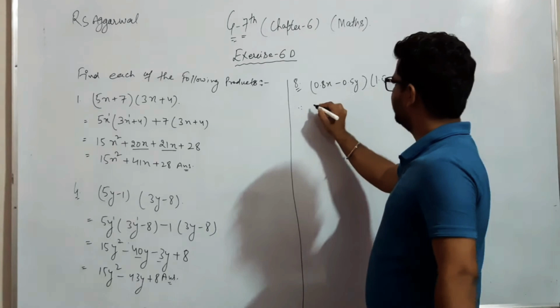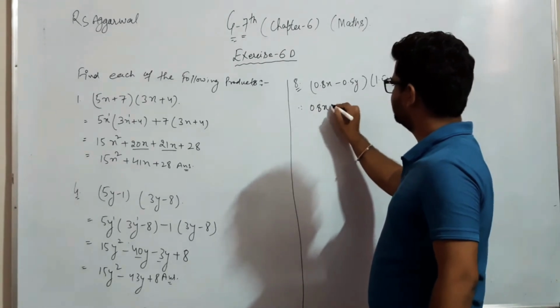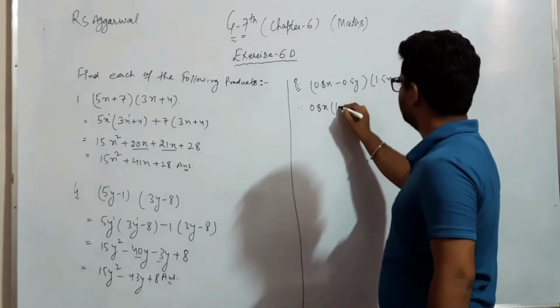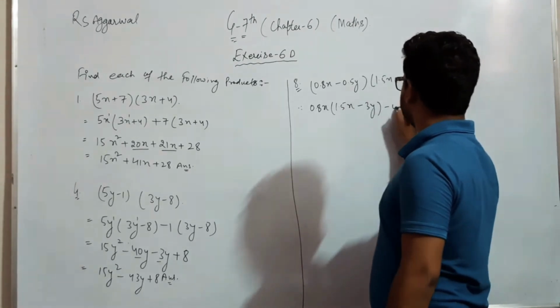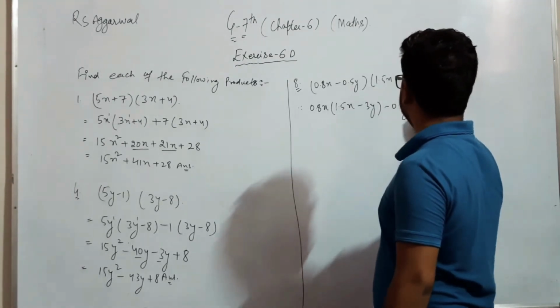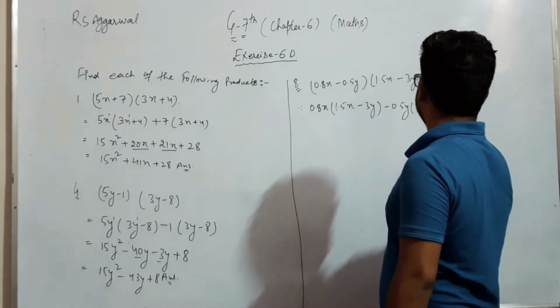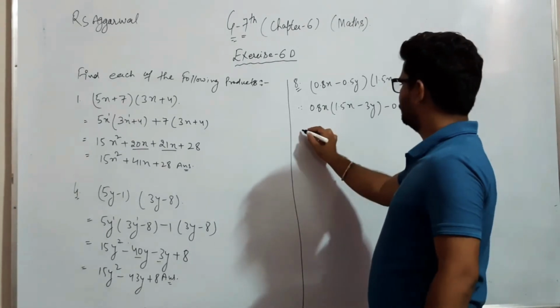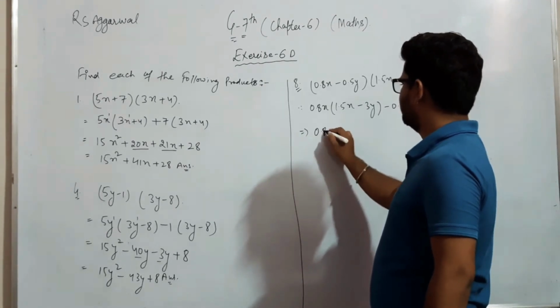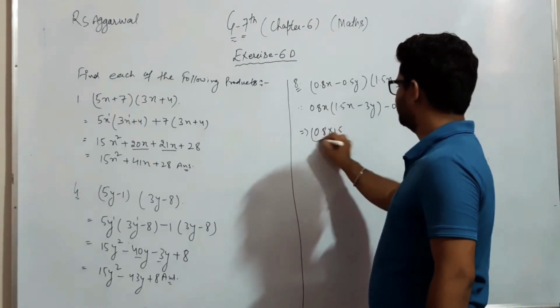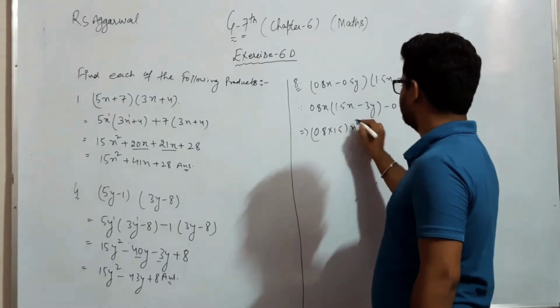The same method we apply here. 0.8x we write, multiplied with the whole of the bracket 1.5x minus 3y. Then we take minus 0.5y, multiplied with 1.5x minus 3y. First we multiply 0.8 with 1.5, the constant numbers, then x times x is x raised to power 2.